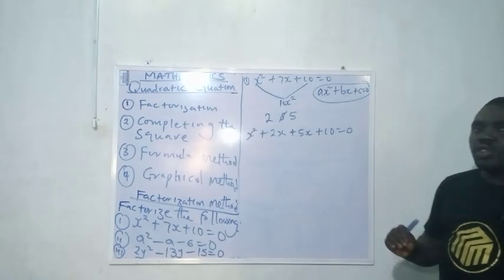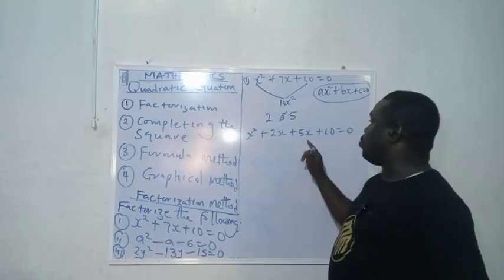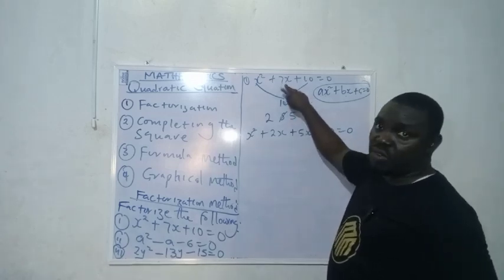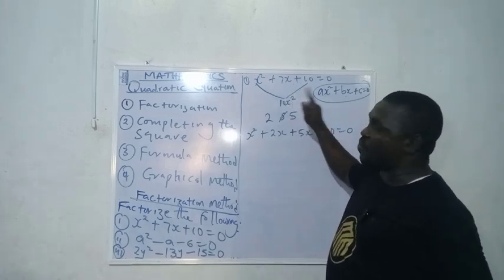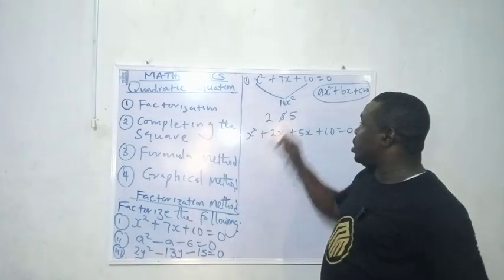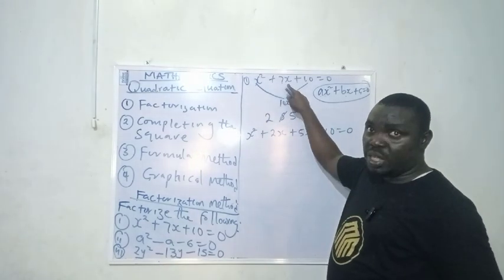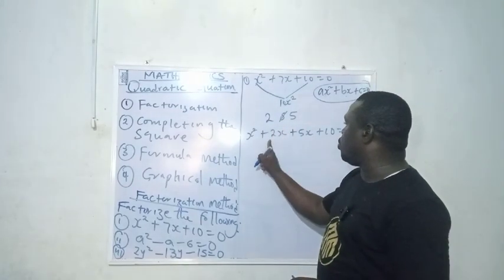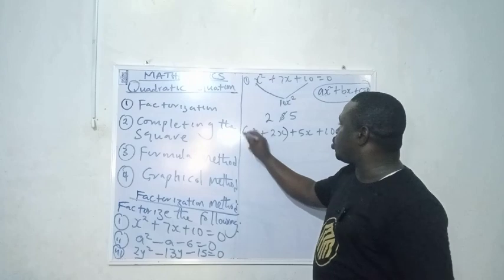Because whichever factor you're picking, the factor should be able to justify this and also justify this. It mustn't justify only one. It has to justify the two terms, the product and the sum. It is always like that, and it will always be like that. And so what do we do here? You just take them 2 by 2.